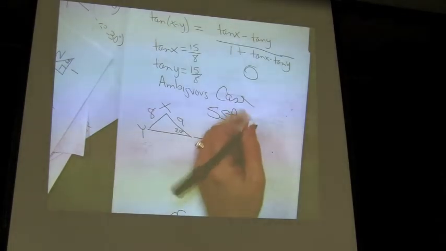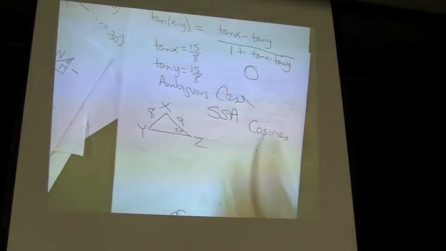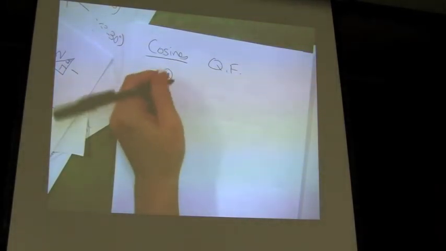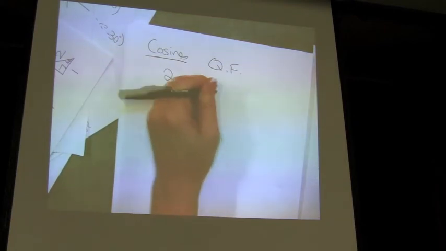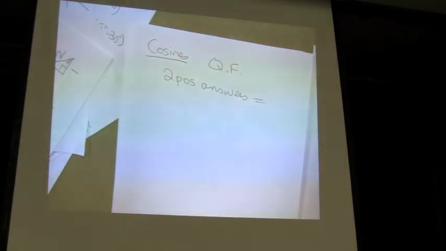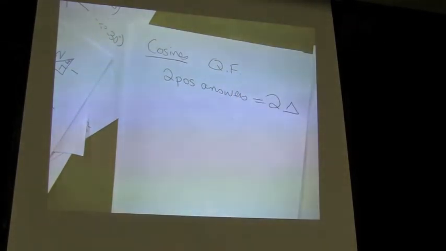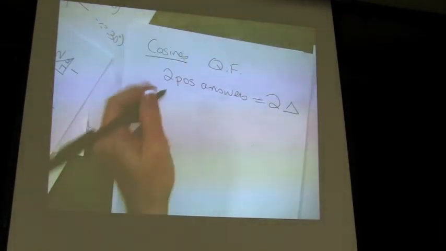Some people like to use the law of cosines to handle the ambiguous case. What does the law of cosines do? Well, at some point, you end up in the quadratic formula. And in the quadratic formula, if you end up with two positive answers, it means you end up with two triangles.